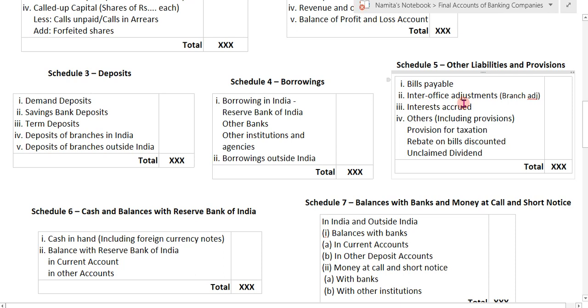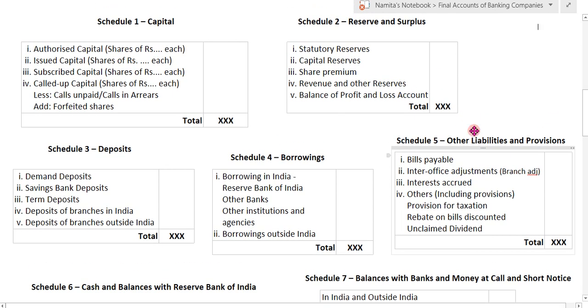Branch adjustment. See, one bank will have many branches, so if there is inter-branch adjustment, suppose the inter-branch adjustment amount is given in the credit side, it is to be recorded in schedule number 5. And if the balance of inter-office adjustment is given in debit side, it is to be recorded in asset side.